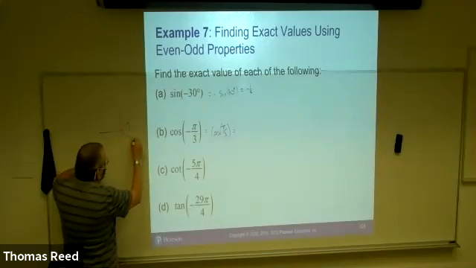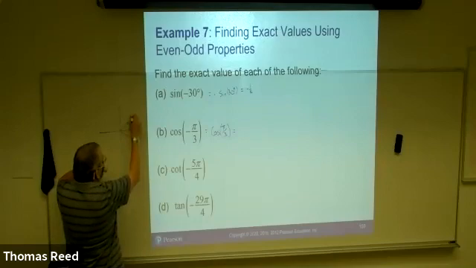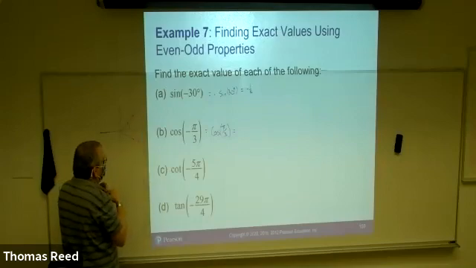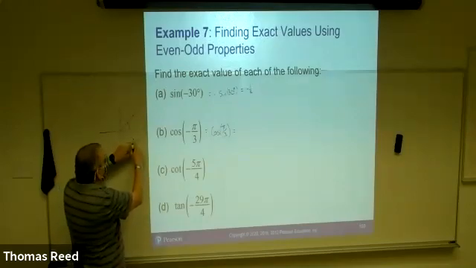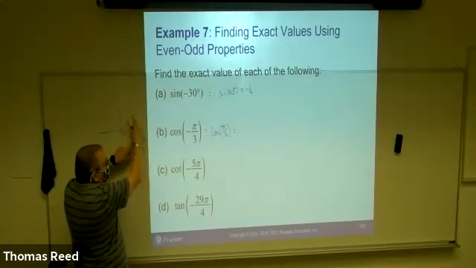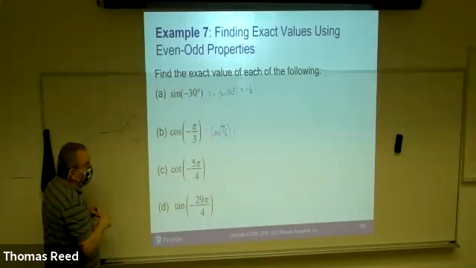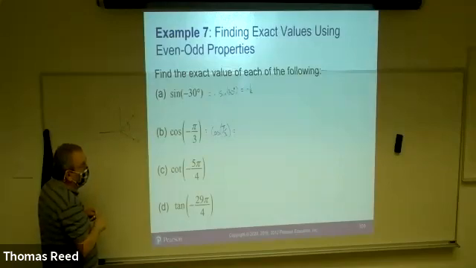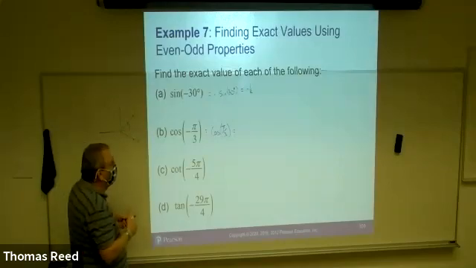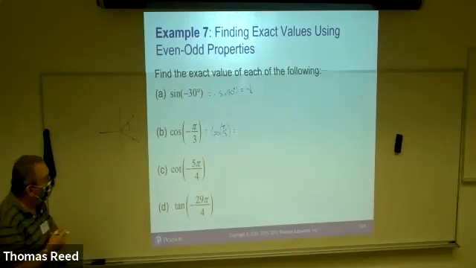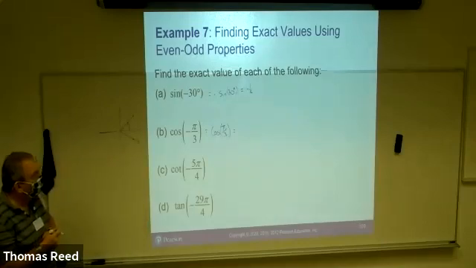So of course these x values are going to be the same as these x values, where these y values are going to be the negative of these y values, and vice versa. So what's cosine of pi over 3? Isn't that 1/2?